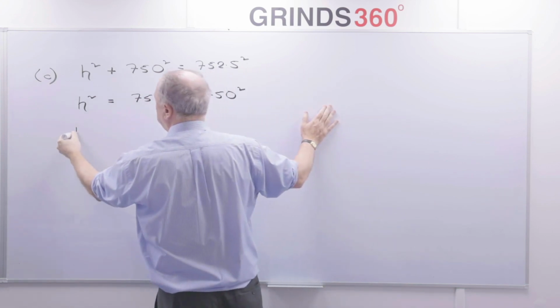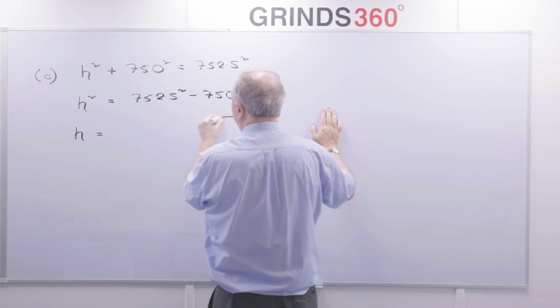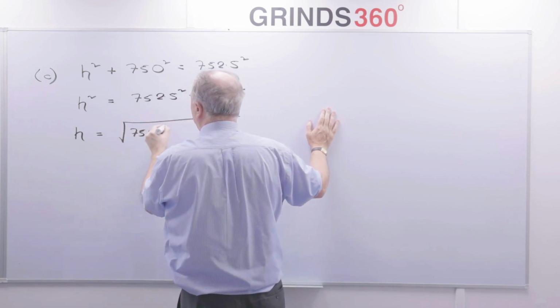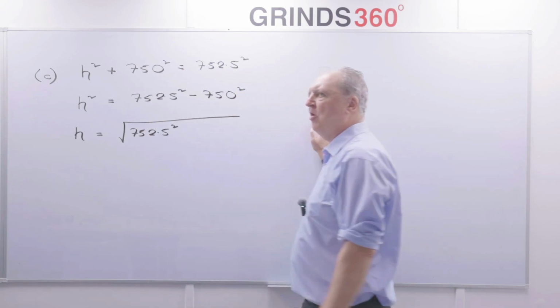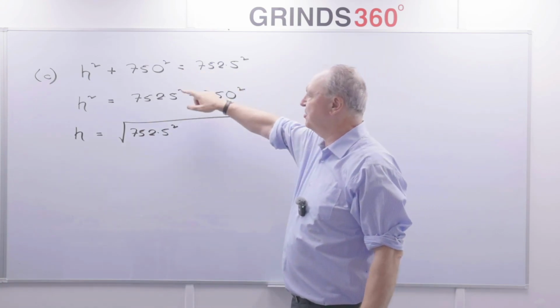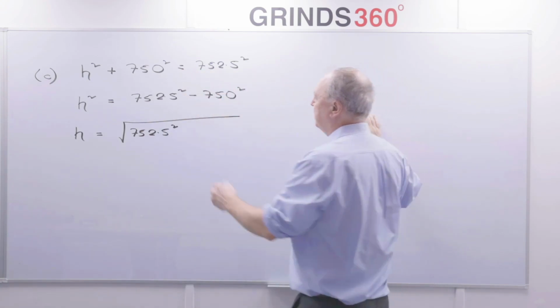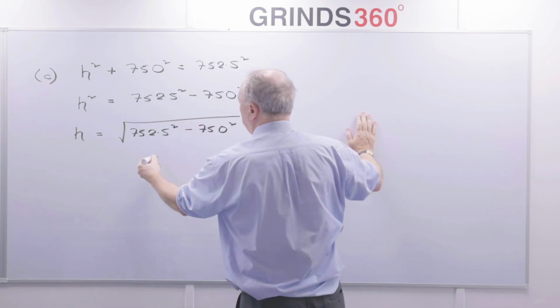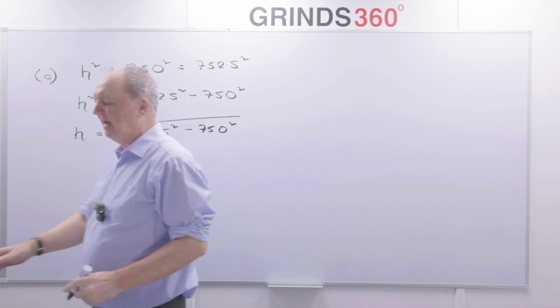And then h will be the square root of all of that. You know, in physics, I like to do a lot of my calculations in one go. Instead of working out all these numbers separately and rounding them off, I like to try and do them in one go like this.